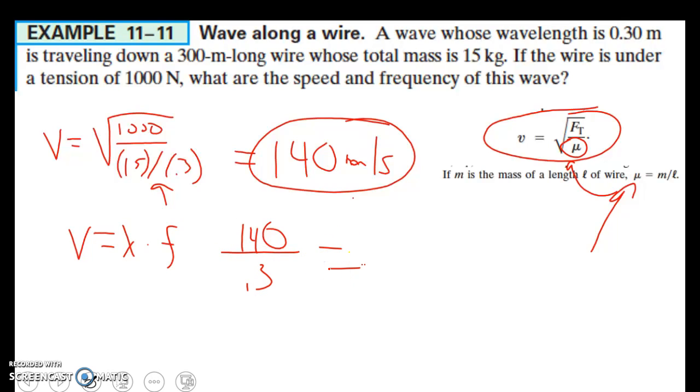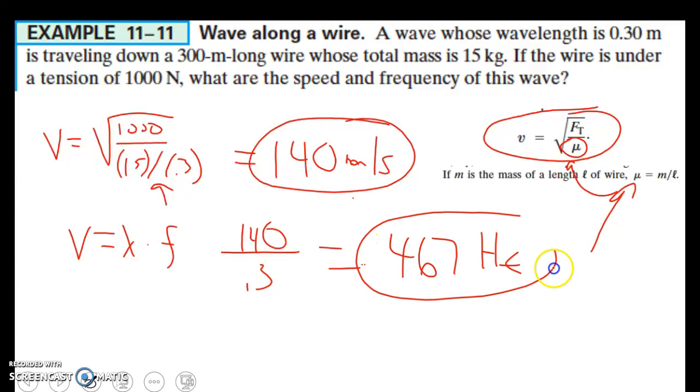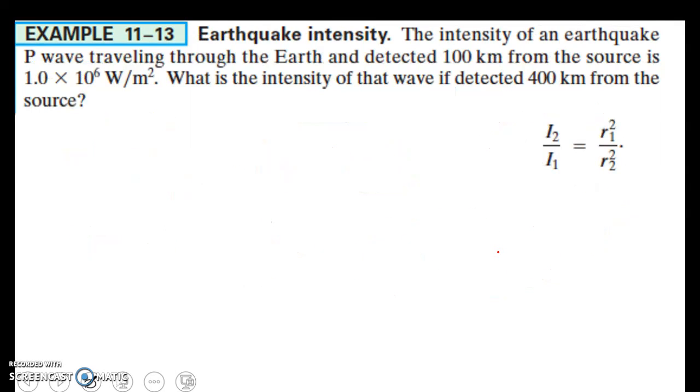I'm going to do that really quick in my calculator, and I get 467 hertz, and that's the frequency that our wires vibrate. So we can find this vibration frequency. Again, important when we talk about stringed instruments.